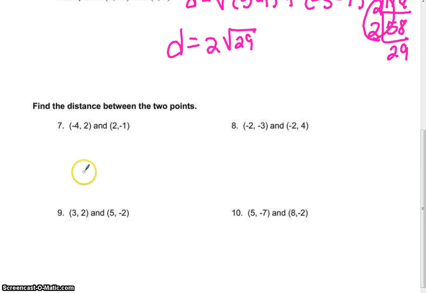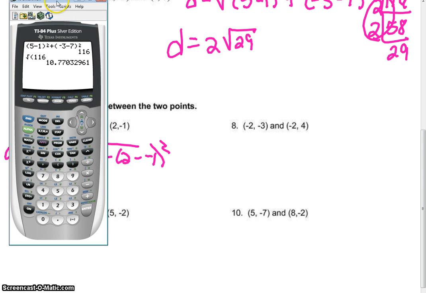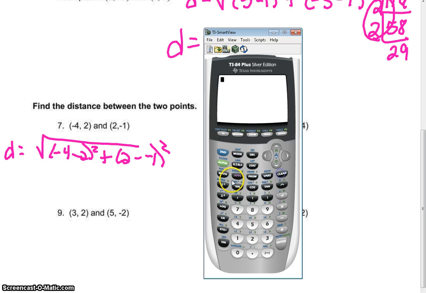So if we're finding the distance between these 2 points, d is equal to the square root of negative 4 minus 2 quantity squared plus 2 minus negative 1 quantity squared. Take your calculator, clear it out, open negative 4 minus 2 close squared plus open 2 minus negative 1 close squared, and you get 45.